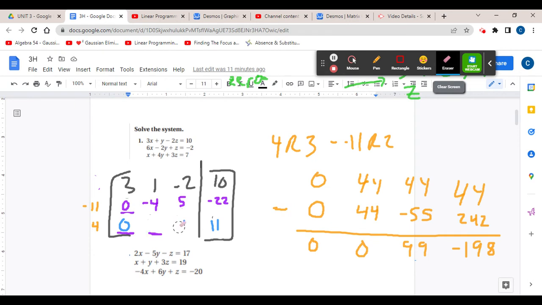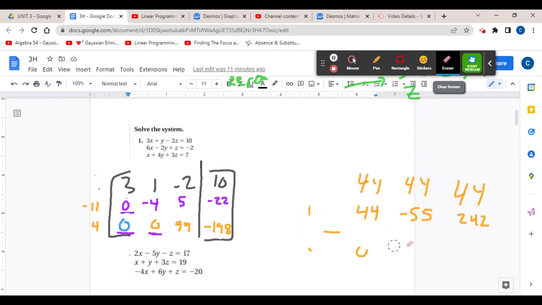So now we have 0, 0, 99, negative 198. So what this does now, guys, it simplified our bottom row to where it eliminated our x's and our y's.